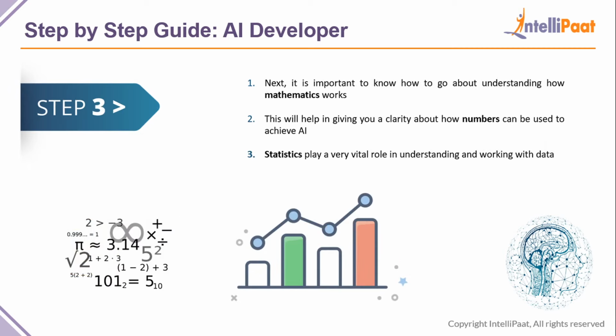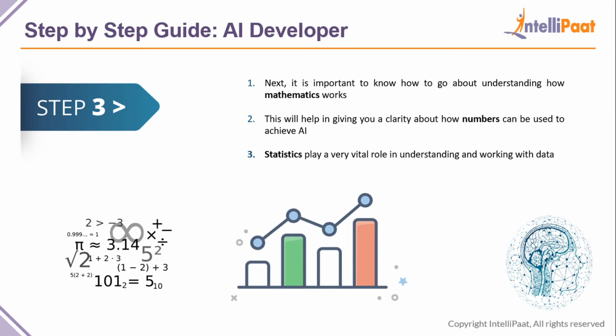So coming to step number three is to understand how mathematics works. Yes, how math works, because if you know how you can play with numbers and how numbers can be churned together, you're looking at a lot of ways that you can make data a more efficient entity. With data being a more efficient entity, you can use those numbers to help achieve artificial intelligence, because statistics play a very vital role when it comes to understanding and working with data.